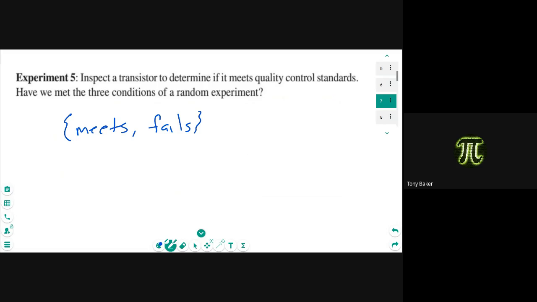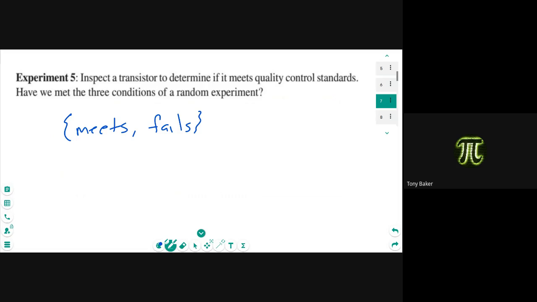If there's only one possible result, then it's not going to be random. Correct. If there's only one possible outcome, you would know it ahead of time, and therefore that would not be a random experiment.